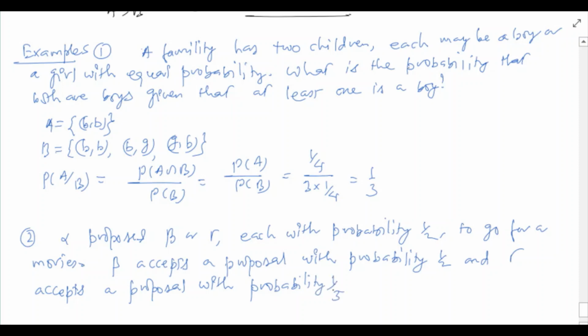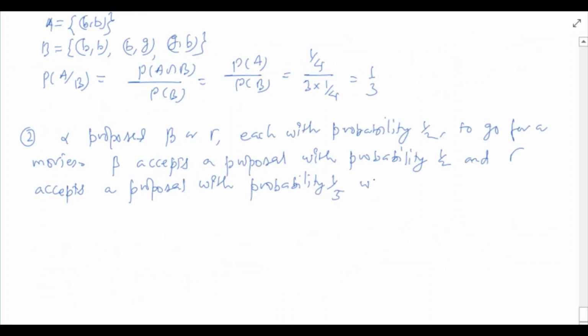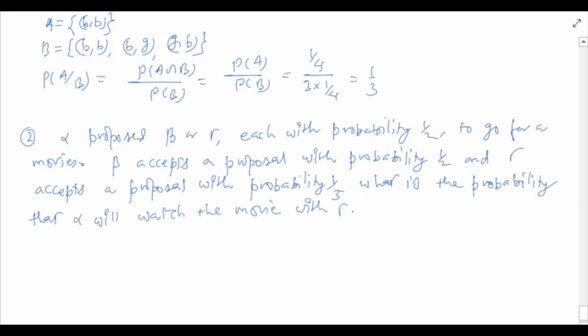We are interested in probability that alpha will watch the movie with gamma. What is the probability that alpha will watch the movie with gamma?